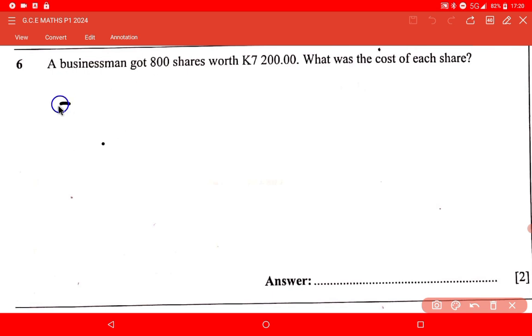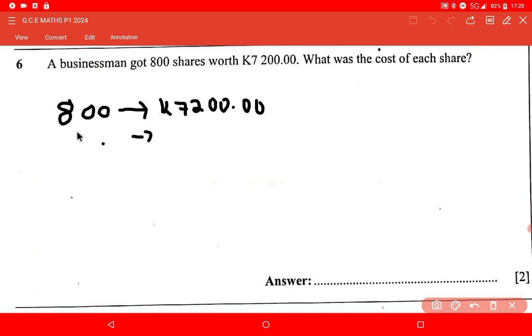So if you're told that 800 shares are worth 7,200 kwacha. What was the cost of each share?